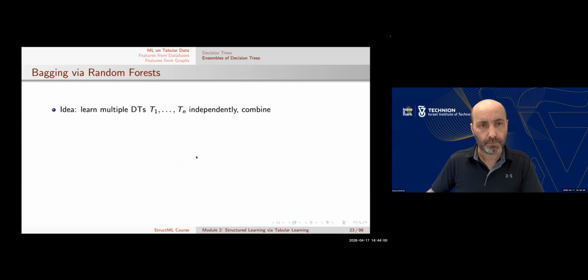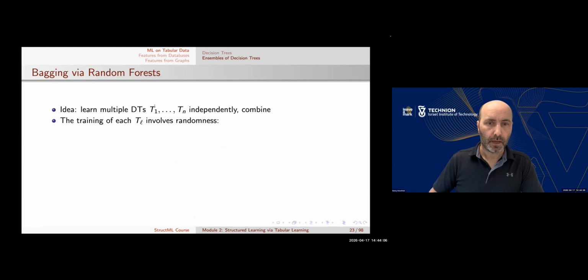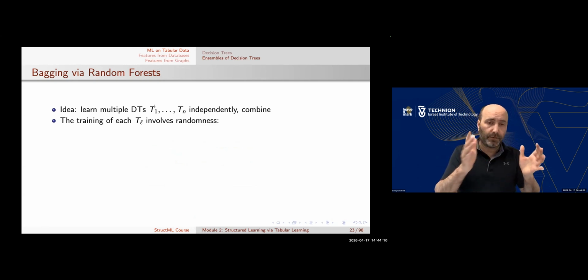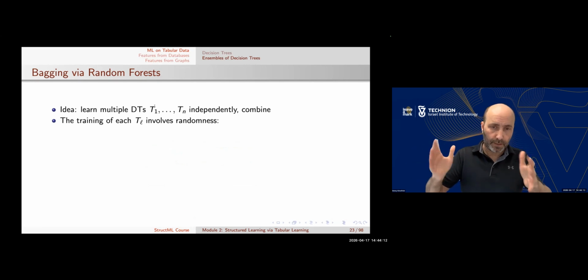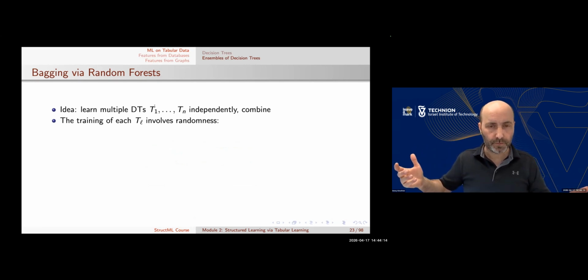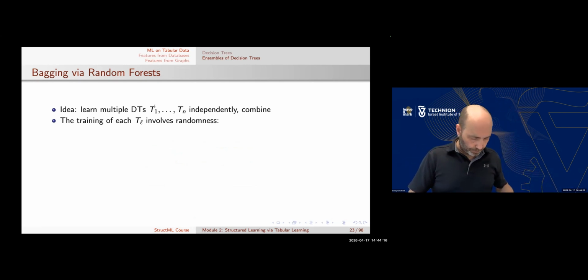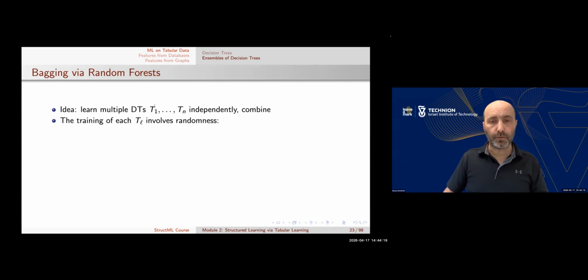So bagging. We learn several decision trees or regression trees independently. And now, if we just simply learned a decision tree over our data again and again, why would we get a different answer? Well, we need to introduce randomness.